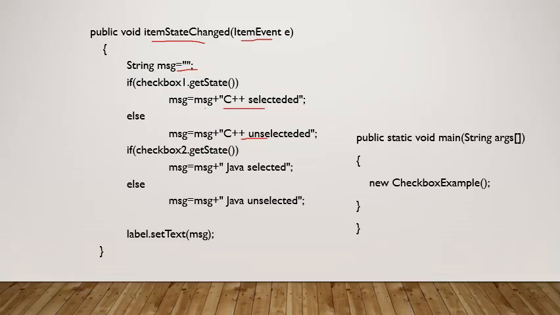Finally, whatever is there in the message, we display on the label with label.setText(message). Then public static void main(String[] args), and call the constructor. So our program will be executed.